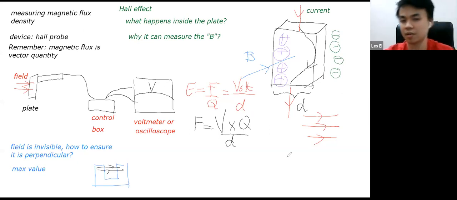If you have reached that moment, it means you cannot keep the electrons anymore at the right hand side. And if someone asks you why, it is because there is a repulsive force between the electrons and the electrons that you're going to put in. Do you understand until here?